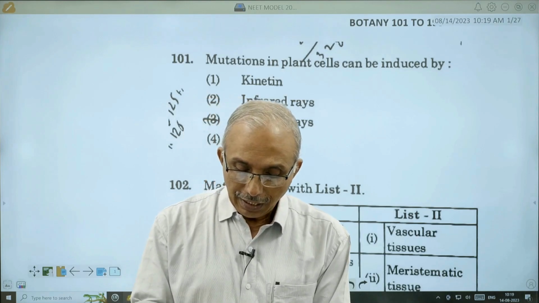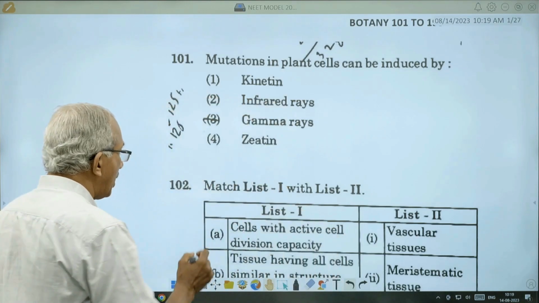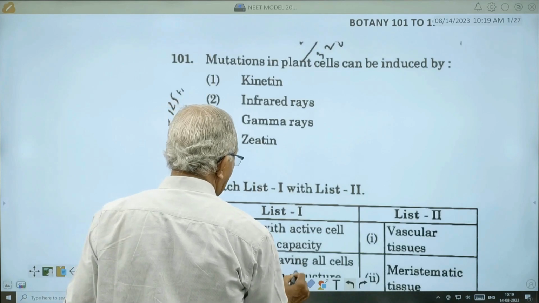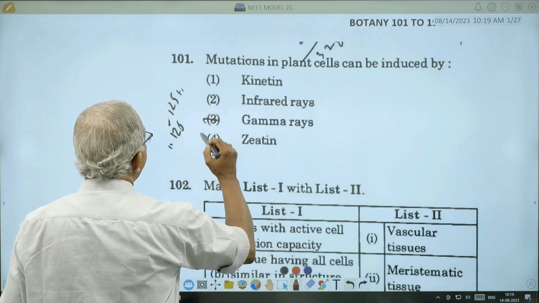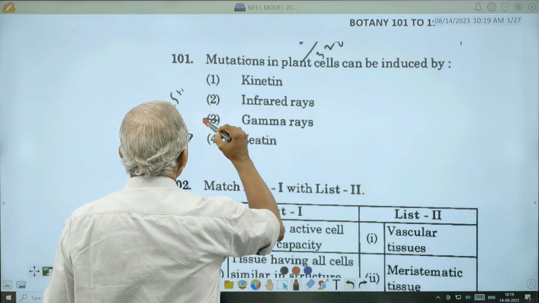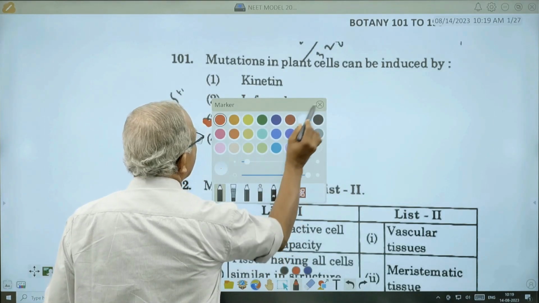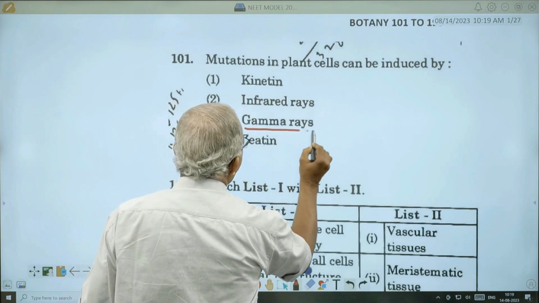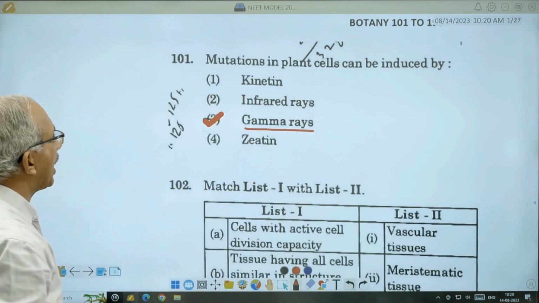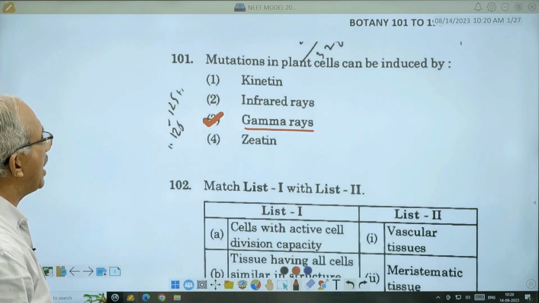Here the answer is option 3, gamma rays. Gamma ray is a physical mutagen.